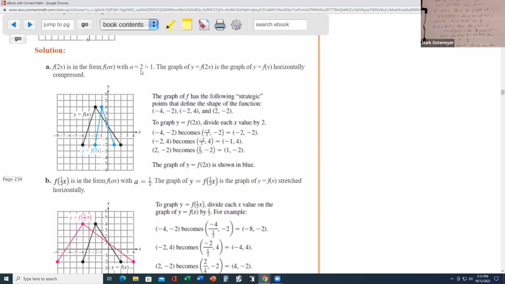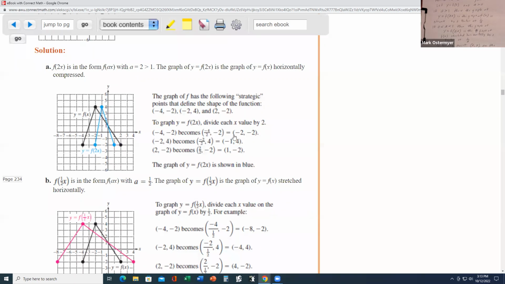So a is equal to 2 here. That means all of the x coordinates of the points on the original function's graph are going to become halved. Okay, they're all going to become halved to give us the new points on the graph of this new function called f of a of x.